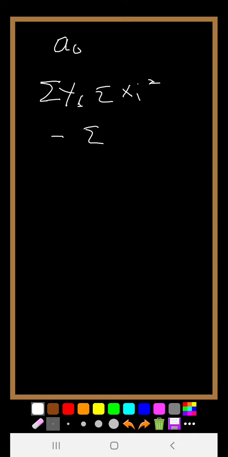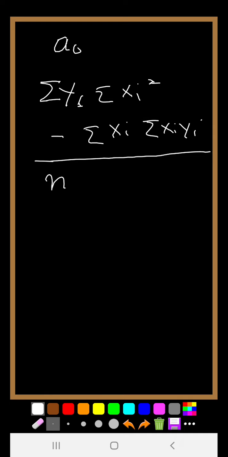Let me write this equation. a0 is equal to summation yi into summation xi square, minus summation xi into summation xi yi, divided by n into summation xi square minus summation xi whole square.